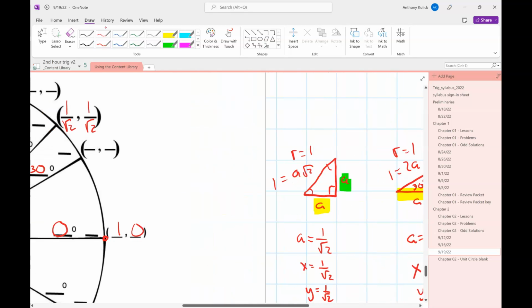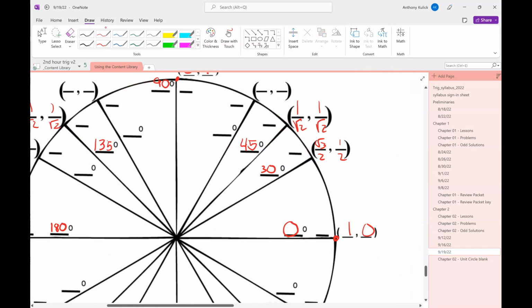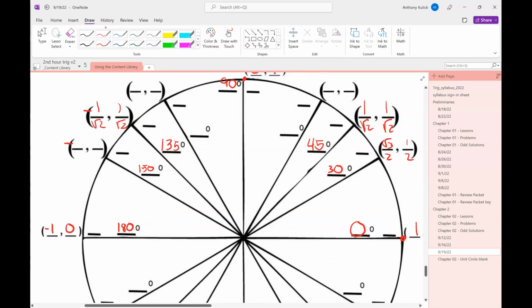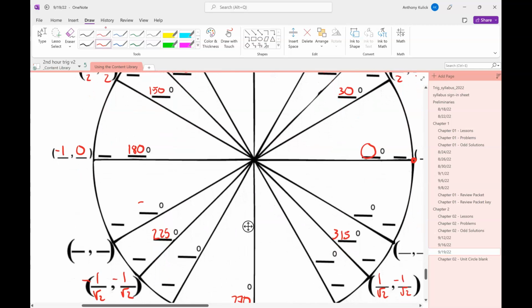Okay, so now I'm just going to go and fill things in. So I have root 3 over 2 and 1/2. In the first quadrant, everything is positive. We form a 30-degree reference triangle over here at 150. Again, the only difference here is the x-coordinate is going to be negative. We're down here at 210. Negative root 3 over 2, negative 1/2.